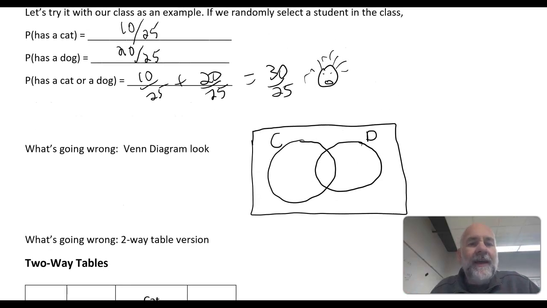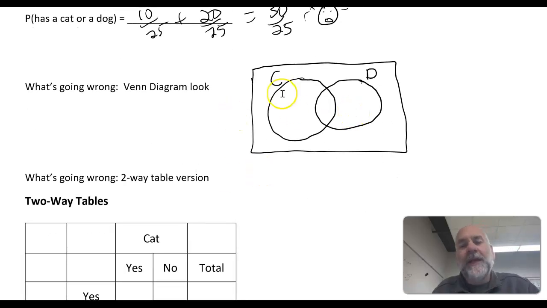So when we said 10 out of 25 and 20 out of 25, there's 10 people who have a cat in this circle, and there's 20 people who have a dog in this circle.